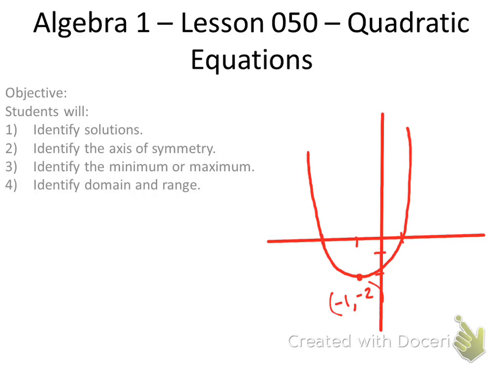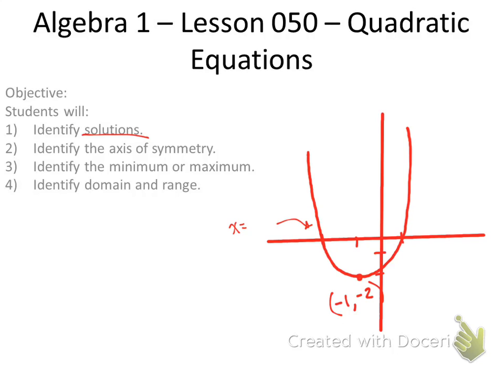The first thing I'll teach you is how to find solutions, okay? If you want to find solutions, the easiest way to do it is you look on the x-axis, and wherever the graph crosses the x-axis, that's a solution. So if you look at the graph, it crosses here, and it crosses here. So if I look at these two places, this is a solution: x is equal to, and I just count from 0, -1, -2.